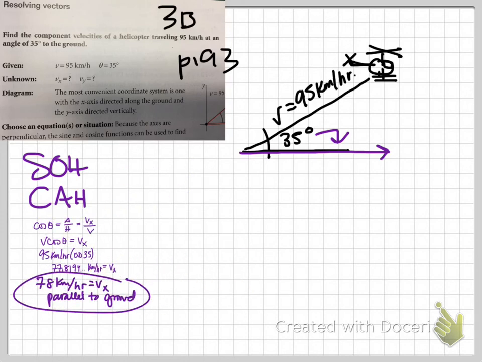Well, now we got to find the y component of its velocity. I'll switch colors just to be difficult.